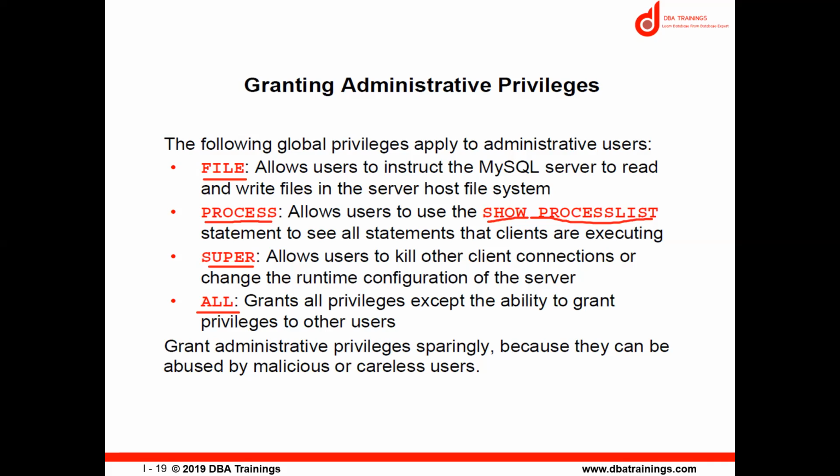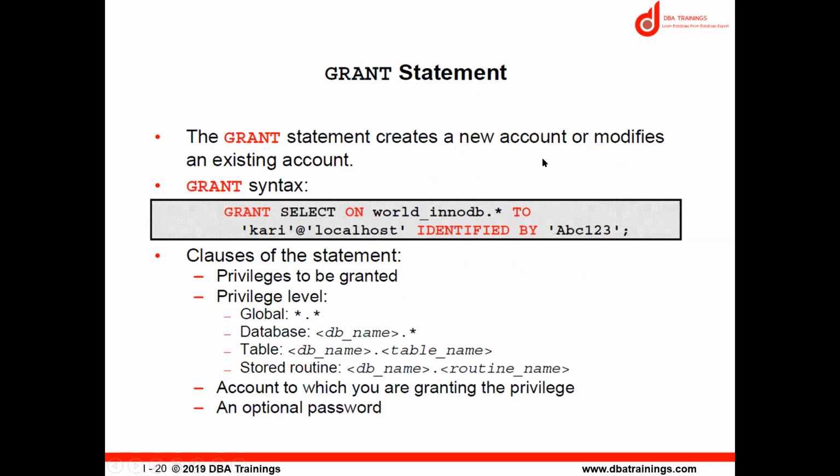Understood? So as a DBA, you can assign the privilege as per the business need. Let me show you how you can give the privilege. For that, you use the grant statement. The grant statement will create a new account or modify an existing account.